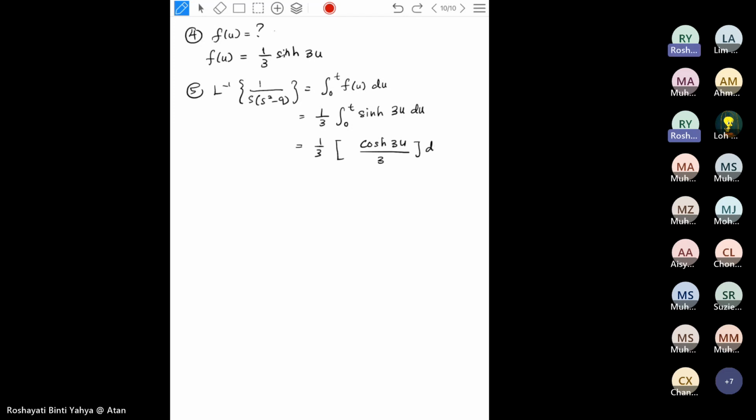Now we have integrated already, from 0 to t. Multiply the 3 here, so you will get 1 over 9 cosh 3u, which becomes cosh 3t minus cosh 0.